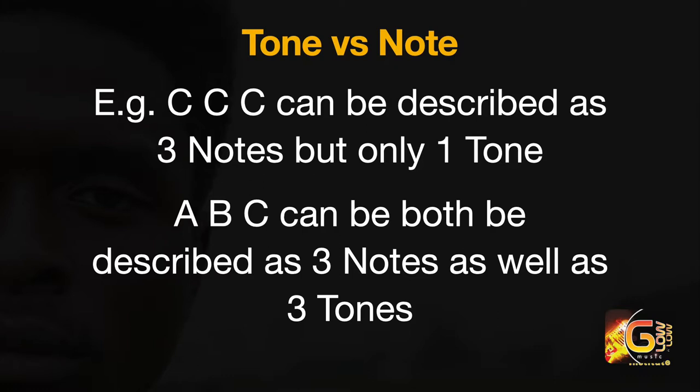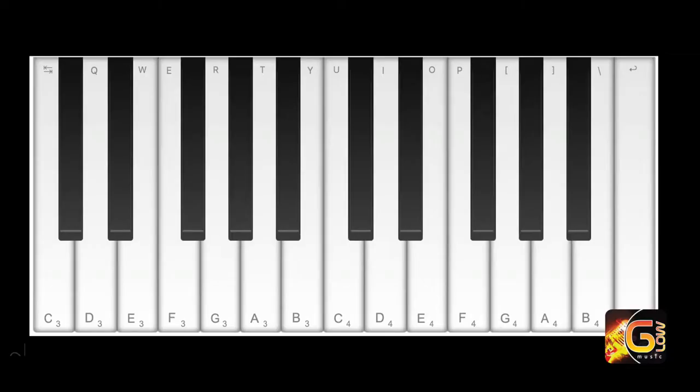When I play A, B, C, right? A, B, C. It's considered as 3 notes and then 3 tones, right? 3 tones because the pitch changes: A, B, and C. All right, you just play the white notes.